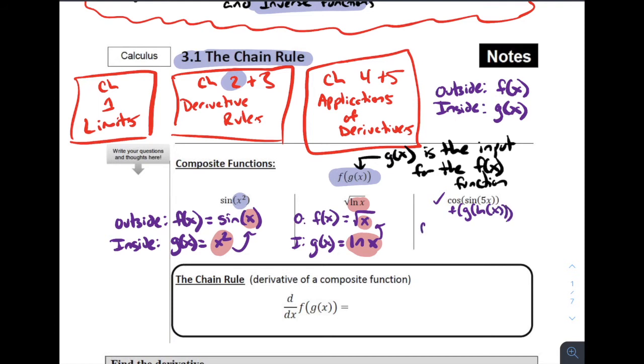F of x being the outermost function, so the outermost function is cosine of x. My middle function here would be sine of x. And then my innermost function, I'll call h of x, would just be 5x. If I want to collapse these, I imagine taking that 5x and replacing the x here.